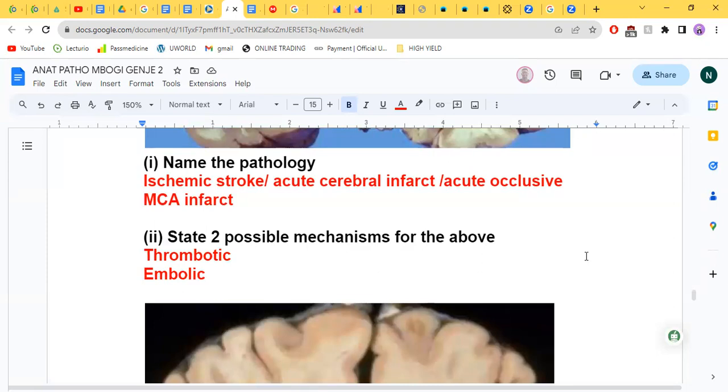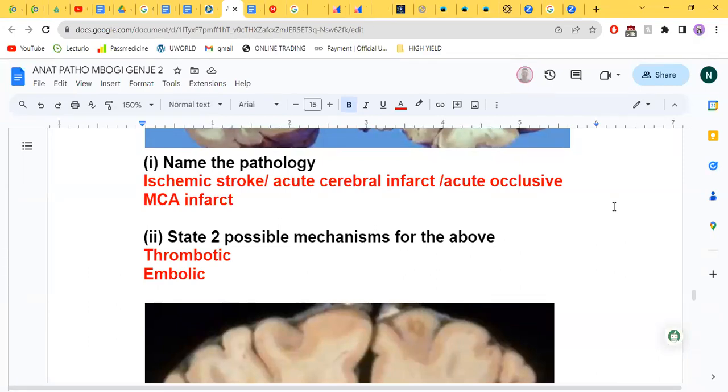Thrombotic or embolic. As we were saying before, blood does not reach this place in the brain. That's why it lacks nutrients and it eventually dies. Then the next question we ask ourselves: why doesn't blood reach this area of the brain? What are some of the branches or vessels that blood uses to pass to this area? And then you can start questioning: middle cerebral artery, internal carotid, and so common carotid.